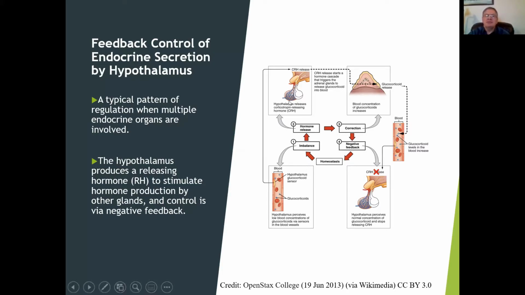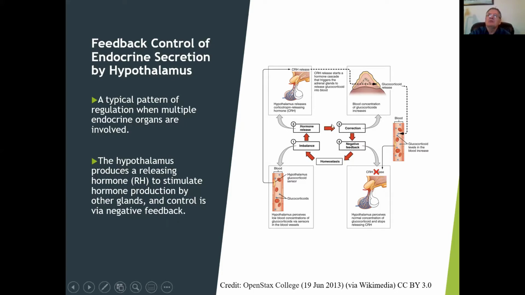Okay, so this is an example of feedback control of endocrine secretion by the hypothalamus, in this case by negative feedback. For example, in response to stress, the hypothalamus releases the corticotropin releasing hormone, CRH.